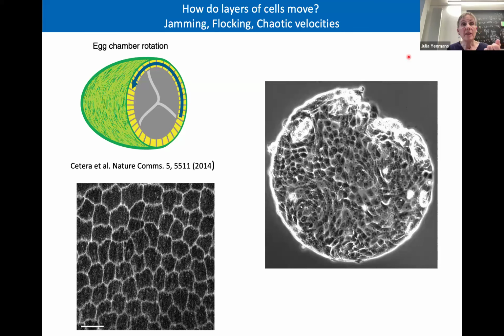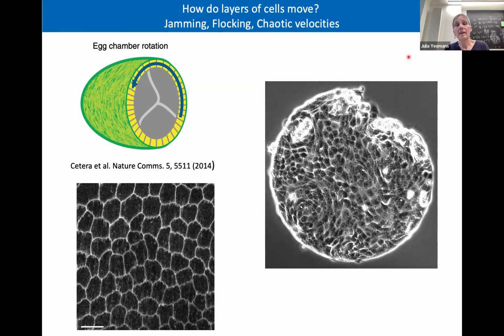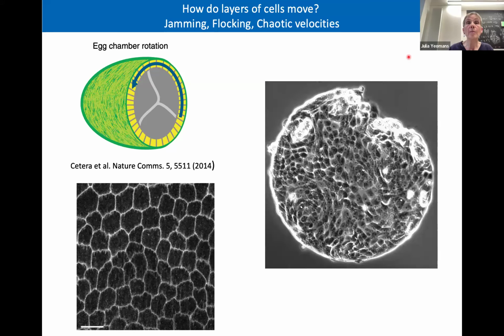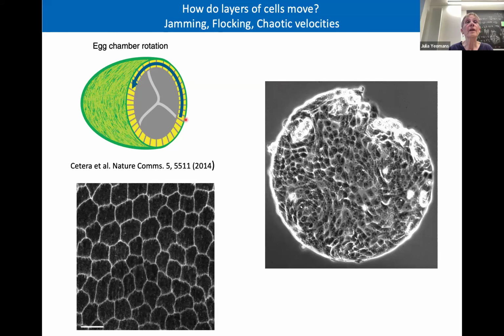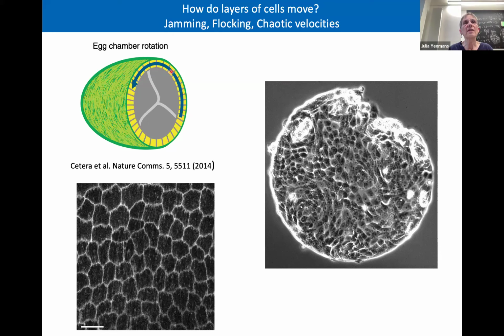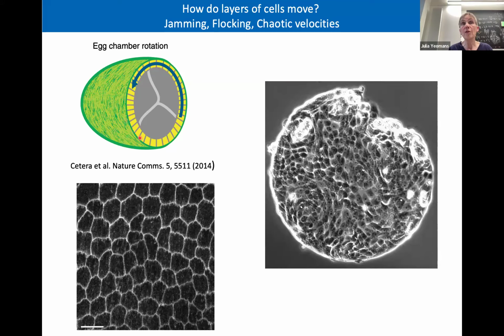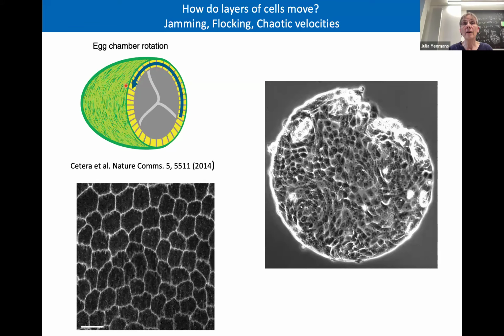And we all understand how a single cell moves, that it sort of pushes on the surface to move with a polar force, but it's not so obvious how these things move. For example, what they can do is they can flock like this. They can all suddenly take off and move in the same direction. An example of this is that the cells inside the egg chamber of Drosophila rotate round and round.